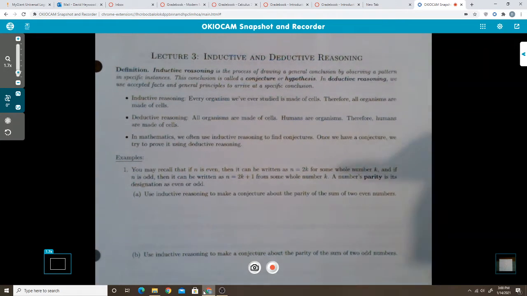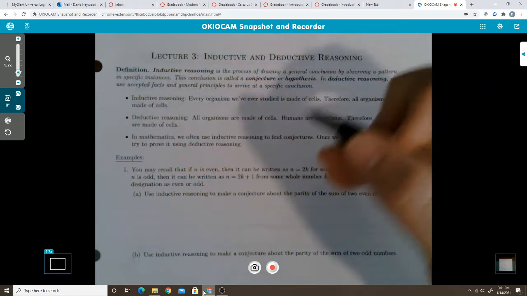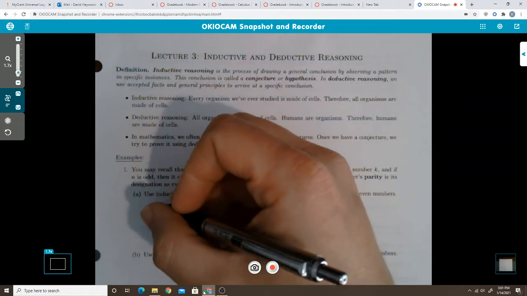Now, part A says, use inductive reasoning to make a conjecture about the parity of the sum of 2 even numbers. Okay, so the sum of 2 even numbers. Sum means add. So we're going to add up 2 even numbers, and let's see. I could start with something small.